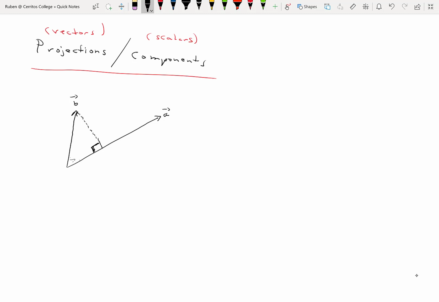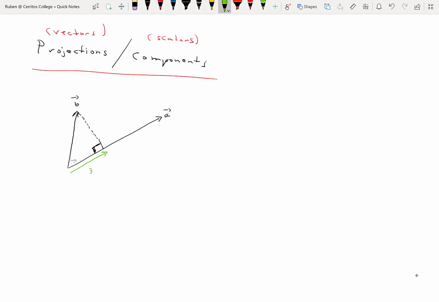And I draw this vector in green. Suppose that vector turns out to be 3i plus 4j. It really doesn't look like the vector 3i plus 4j, but let's just assume it is, okay?